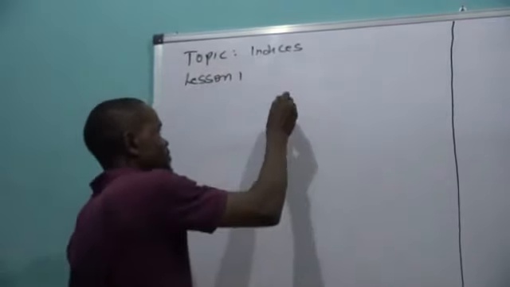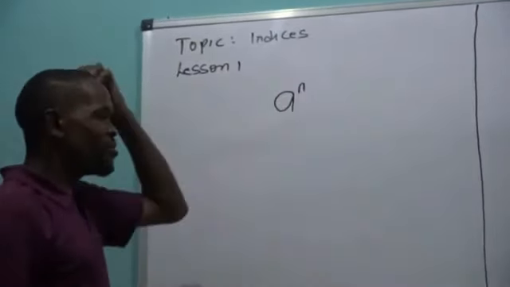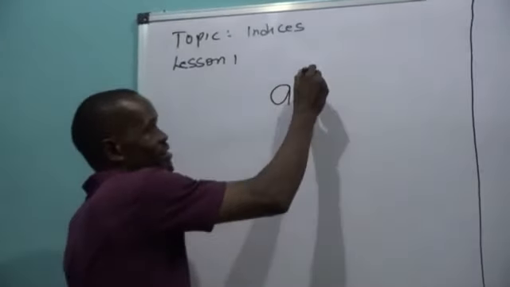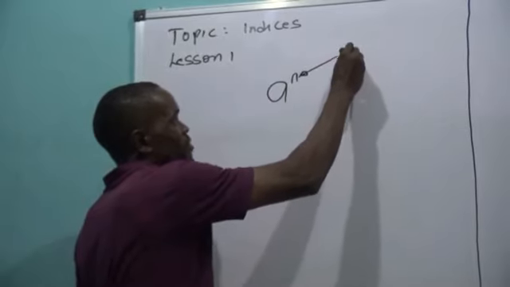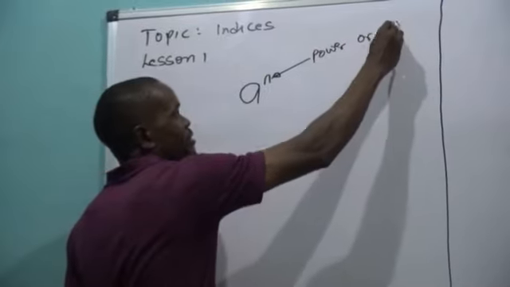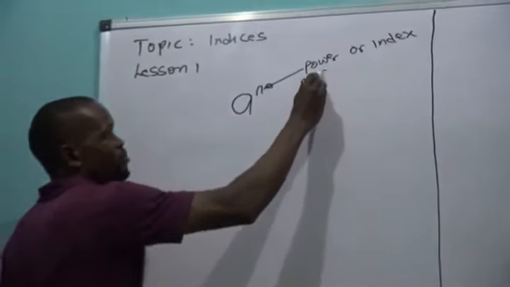Let us look at this. This is the format, and this format is called power, or index, or exponential.